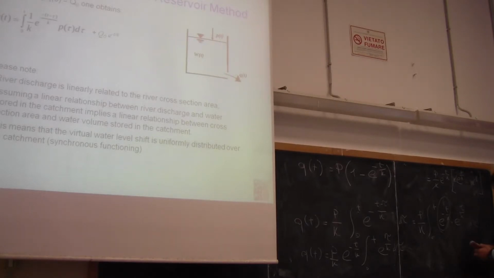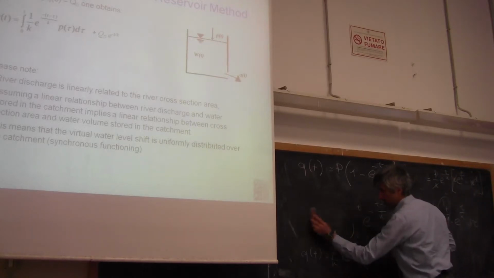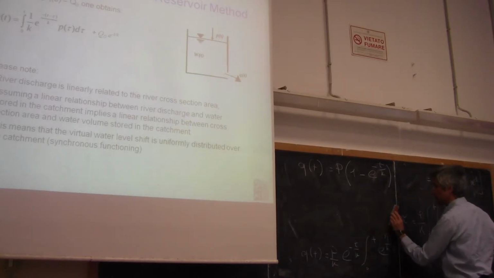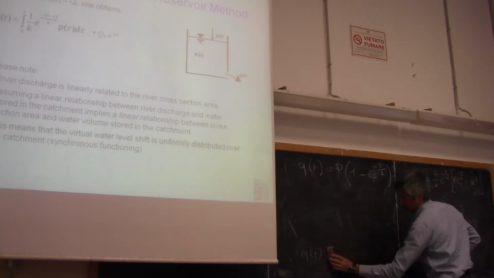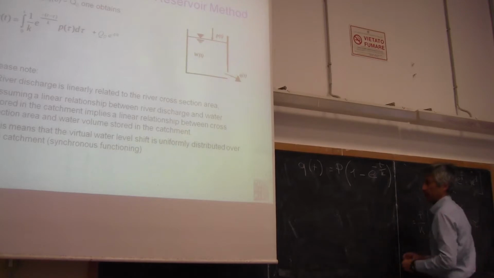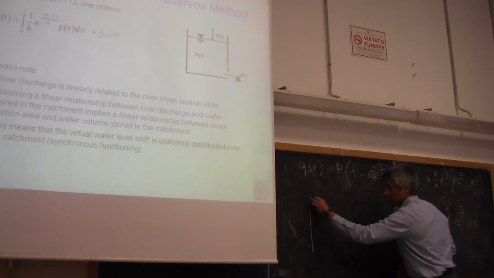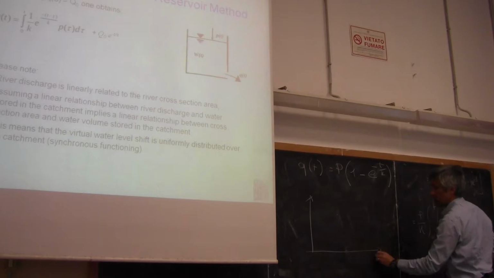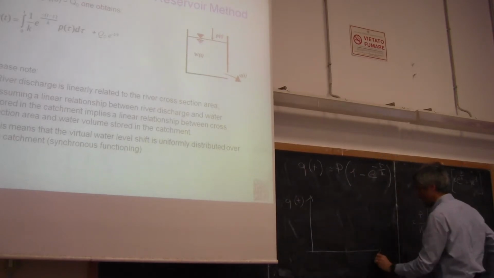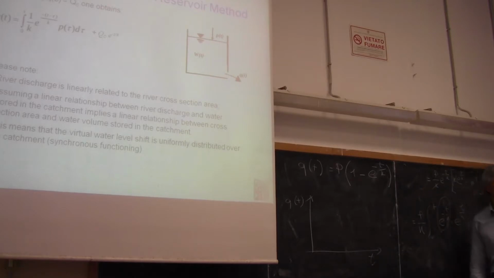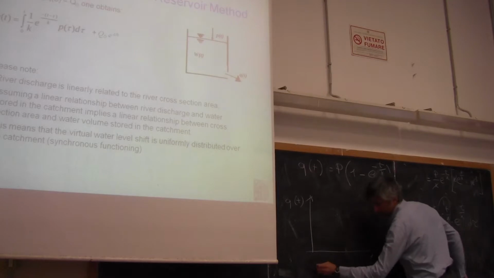Which is nice. Let's draw a graph to better understand what is the physical meaning of this relationship. And the graph is basically our hydrograph. What I want to depict is the progress of Qt along time, starting from 0.